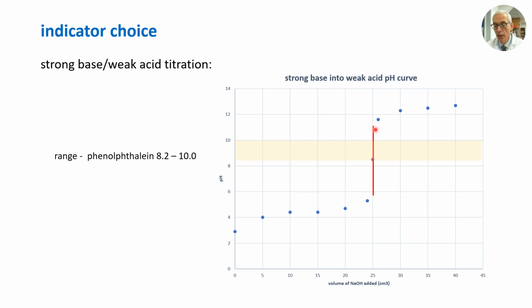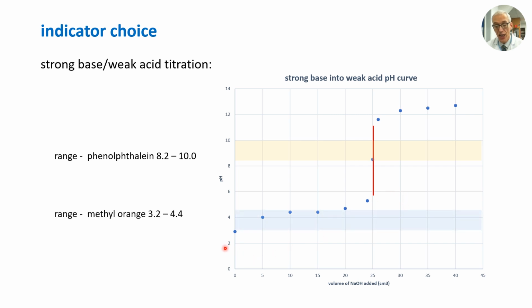Yes, the vertical section of the pH curve does pass through the phenolphthalein indicator range, and therefore as drops of sodium hydroxide are added around the equivalence point, a rapid pH change will occur which will change the color of phenolphthalein. So phenolphthalein is a suitable indicator.